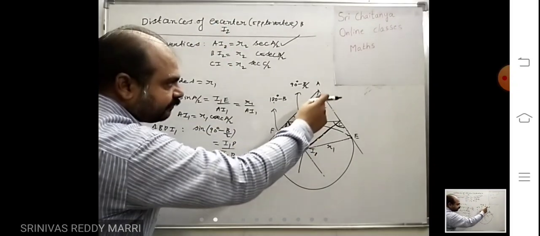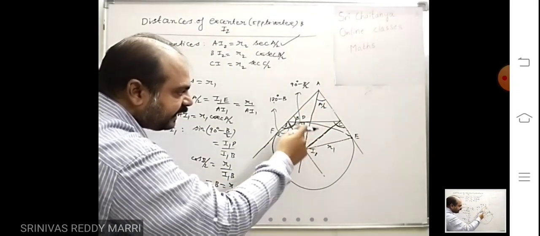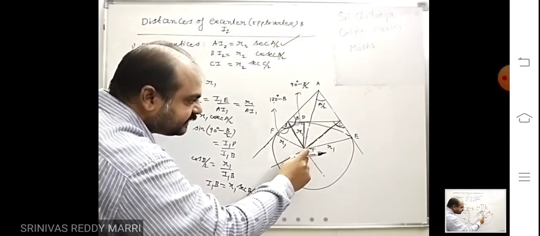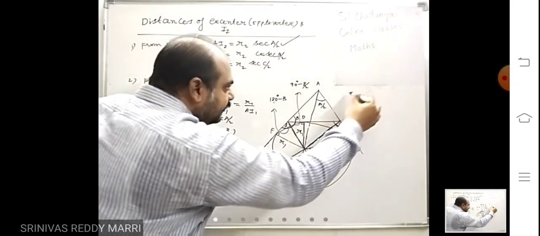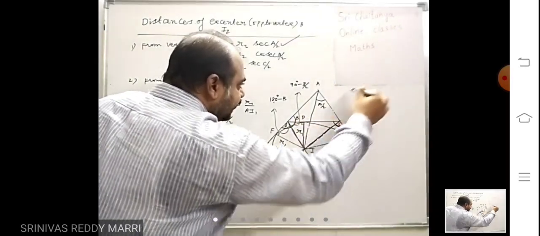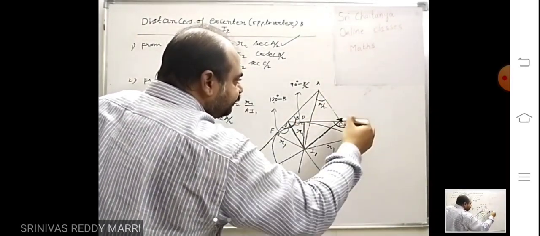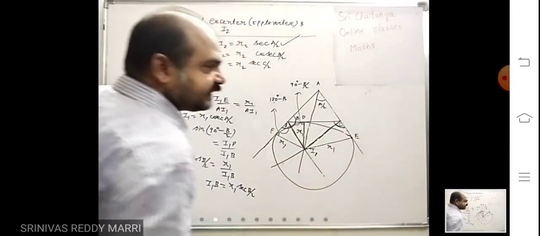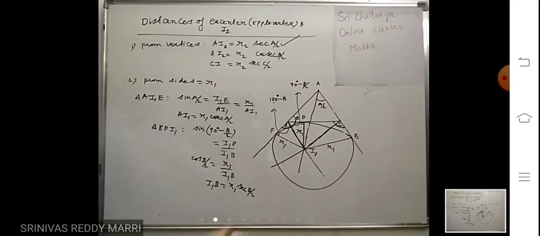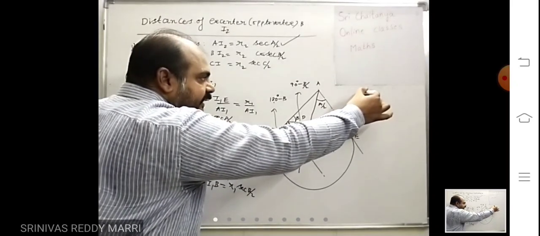Look at the distances of the excenter. The internal angular bisector of angle B and the external bisectors of angle A and angle C will meet at a point, so that excircle will be there, and its center will be I2 on this side.